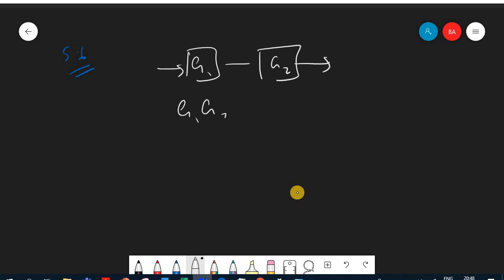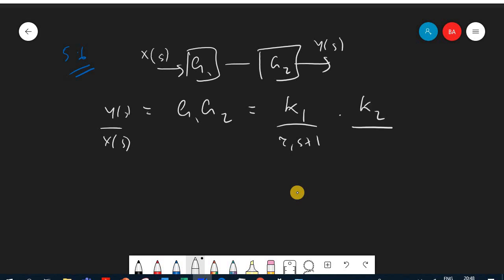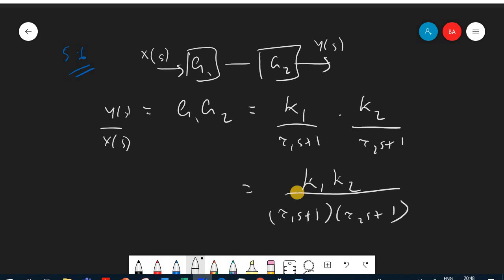If you want to find the relationship of the output y of s to the input x of s, output over input is equal to G1 times G2. You just multiply the transfer functions of both of them and you will get K1 multiplied by K2 over (tau 1 s plus 1)(tau 2 s plus 1), and here that is called the overall gain.